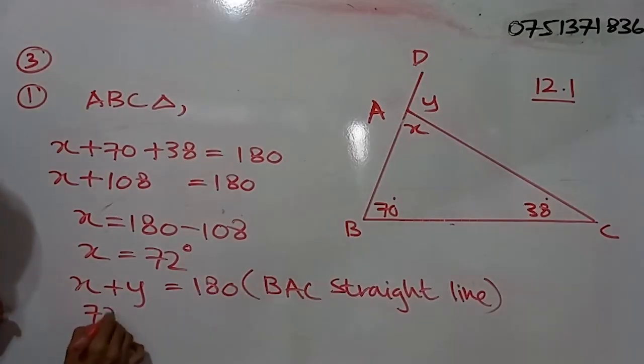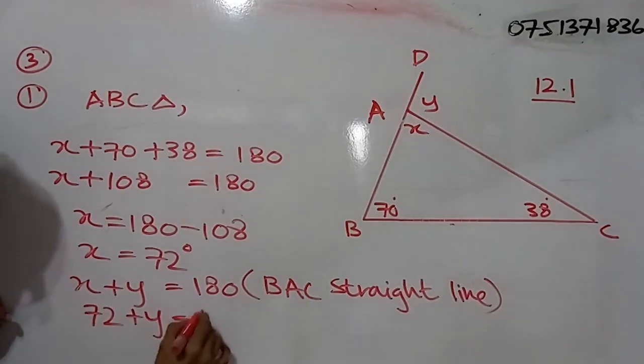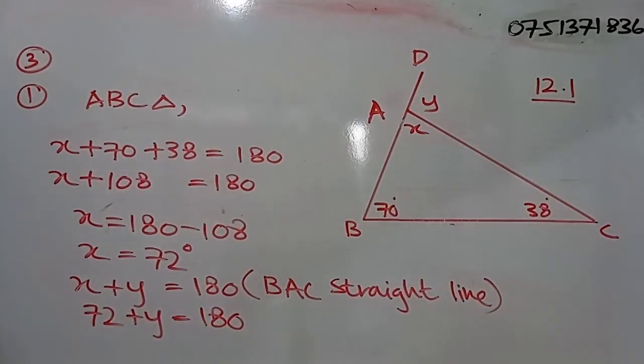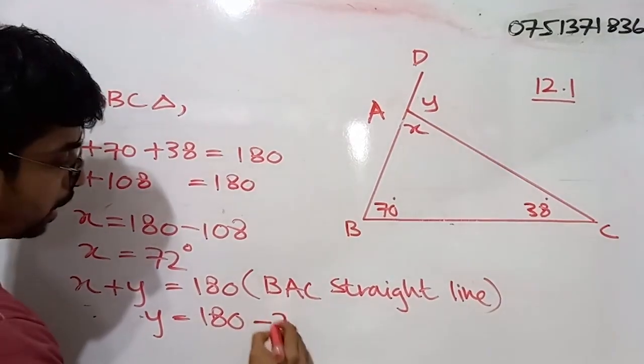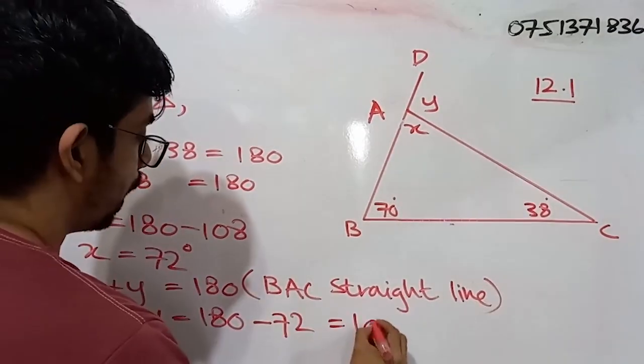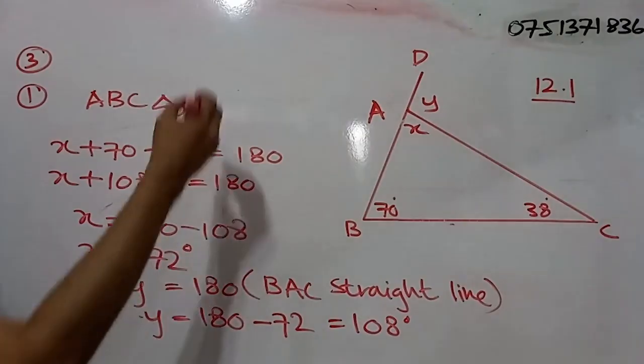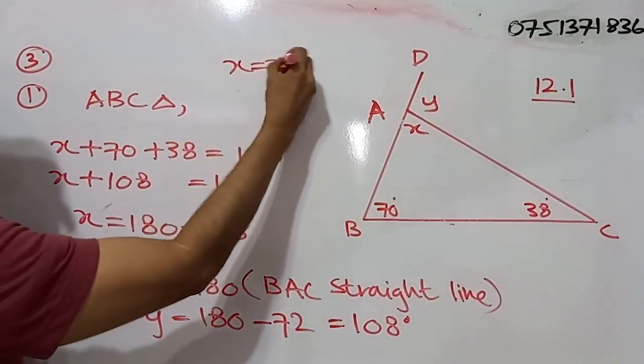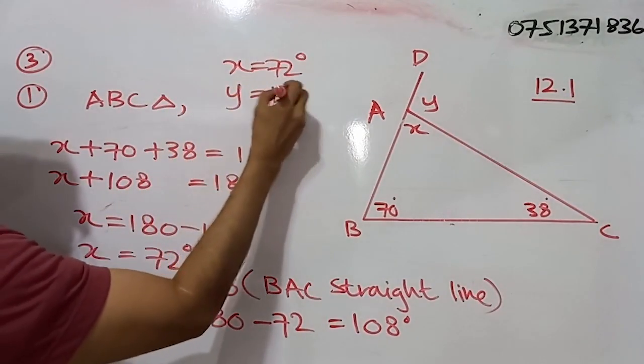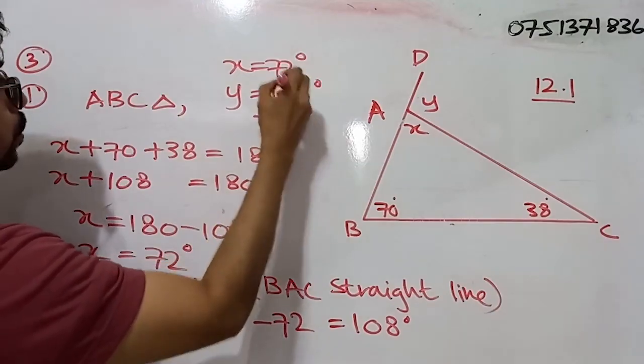X is what? 72. 72 plus Y, that is equal to 180. So I will erase this and do the simplification. So what will be Y? Y will be equal to 180 minus 72. 108. So in this question, X is equal to 72. Y is equal to 108. So those are the answers.